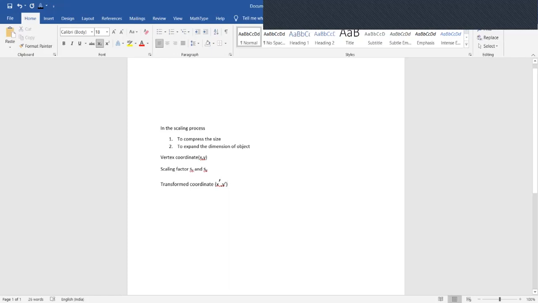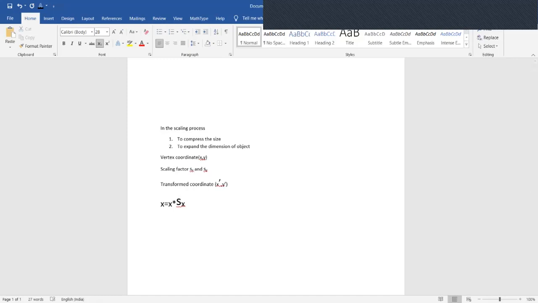So we can say that x dash is equal to x multiplied by Sx, that is, x into Sx.